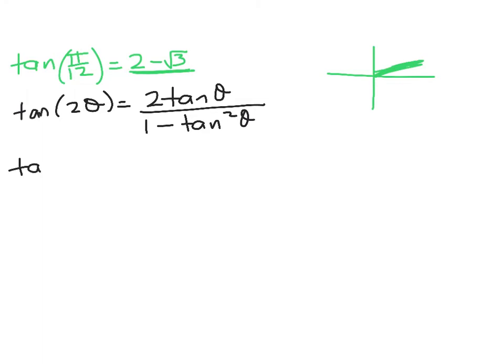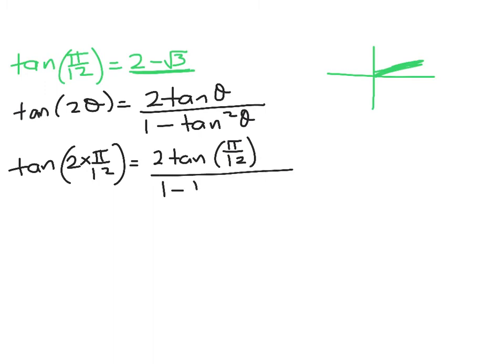So we can write the following: tan of 2 times pi on 12 is equal to 2 tan pi on 12 over 1 minus tan squared of pi on 12. But we know that tan of pi on 6 is equal to 1 over root 3.